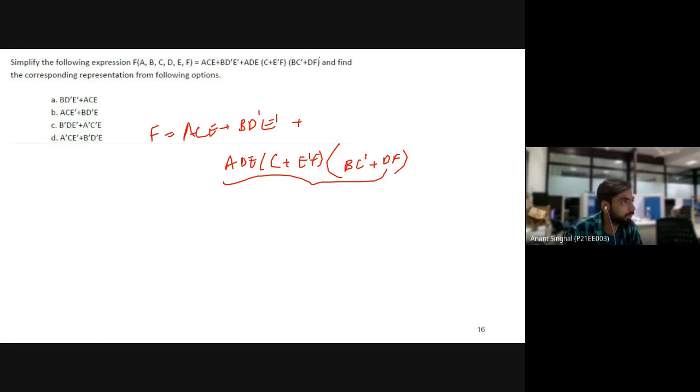This is D F bar, not F. No, no, no. I'll repeat. This is D bar F, not D F bar. Now try to solve the question. This was not D F. This was D bar F. Please correct the question and then try to solve it and let me know what is the answer that you are getting.